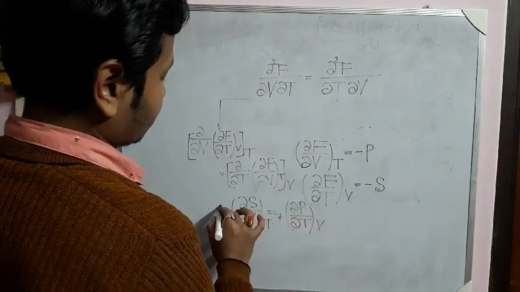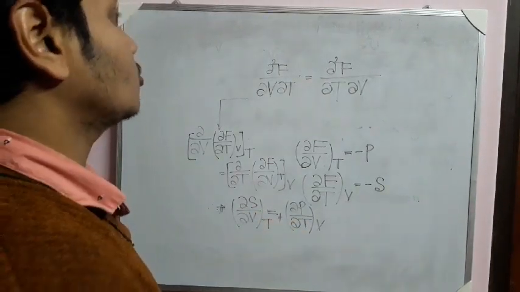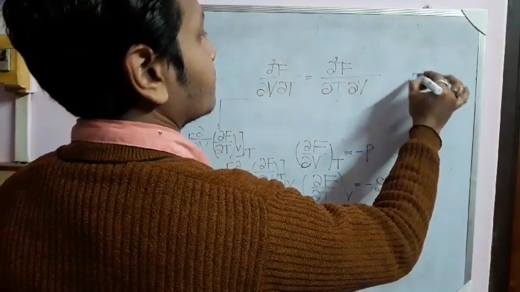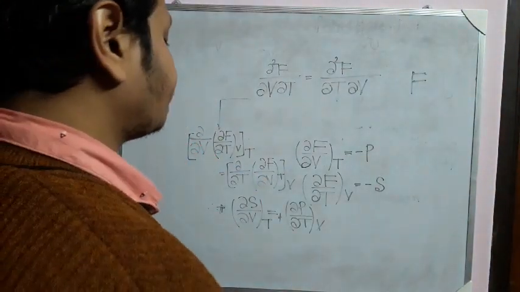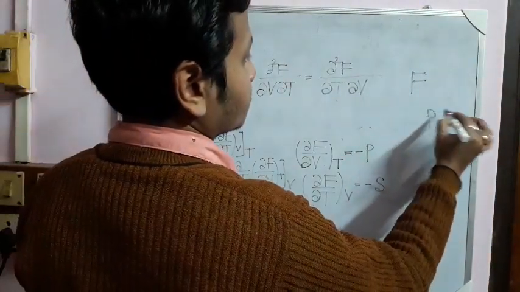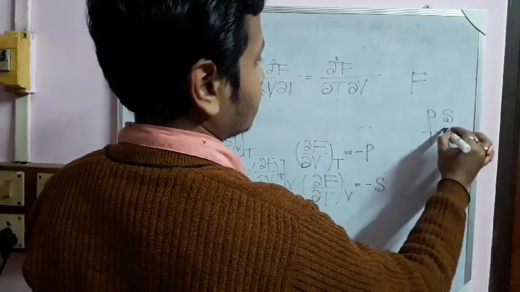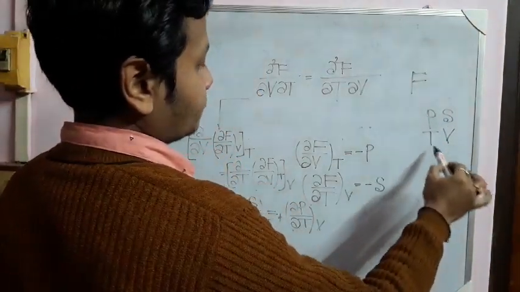So minus minus cancel. So starting from the concept of Helmholtz free energy, we arrived at the second relation, that is del S del V at constant T equals del P del T at constant V.